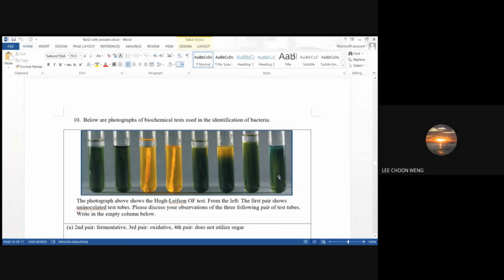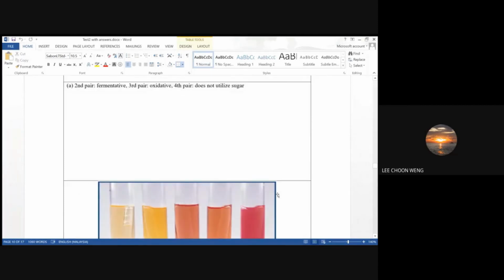Usually when it doesn't use the saccharides, it probably uses the protease peptone component, resulting in an actual increase in pH. That's why you see a bluish tinge here. Okay, so you always have to compare against your reference pair. Most of you miss the part where the sugar is not being utilized. The same goes for this one.